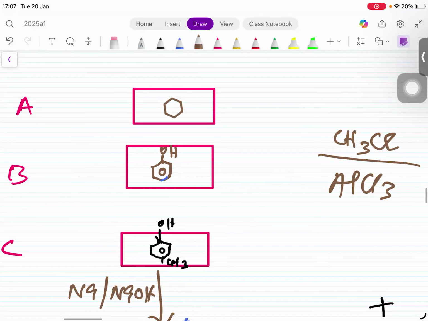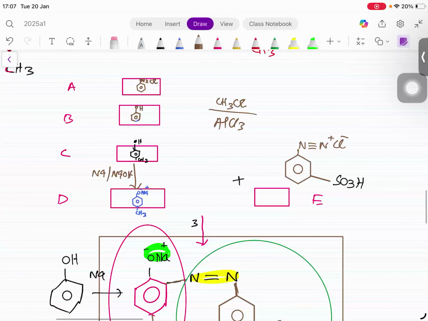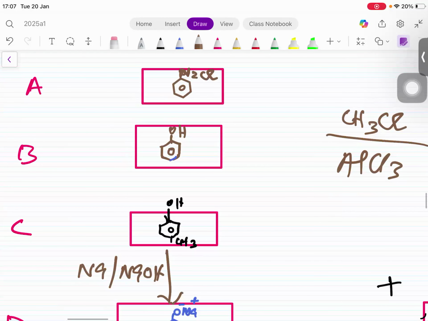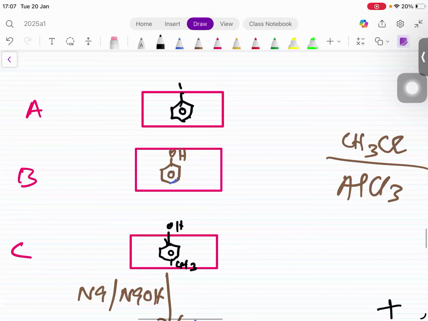Yes, this is the BDC. I hope you got it. So I'll explain it again this way. We took BDC and added warm water. It becomes phenol.